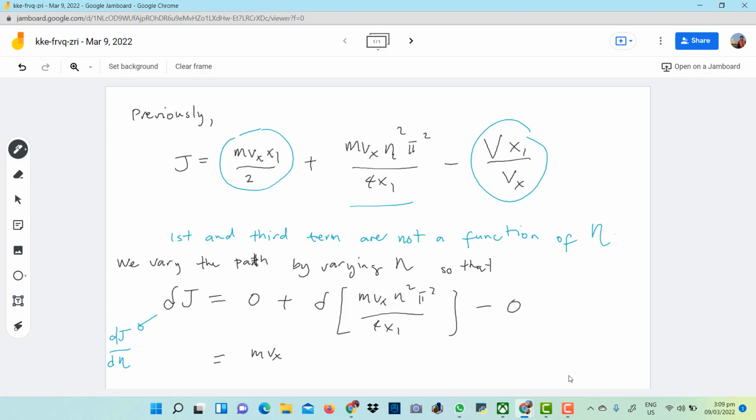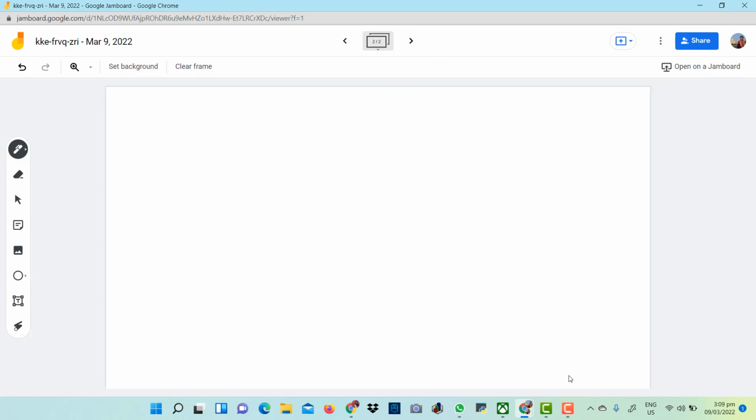Since you will derive only this with respect to eta, the others are constant. So m vx pi square over 4x1, you will derive the eta squared. What is the derivative of eta squared? That's equal to 2 times eta times the change in eta. So m vx pi square over 4x1 times 2 eta times the change of eta. 2 over 4 is just 1 half, so you can simplify this.